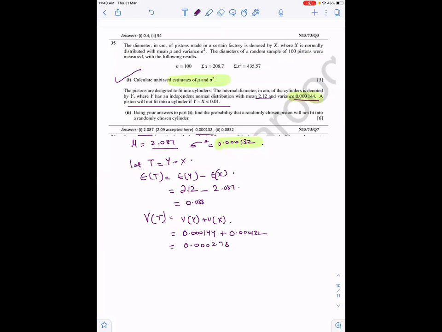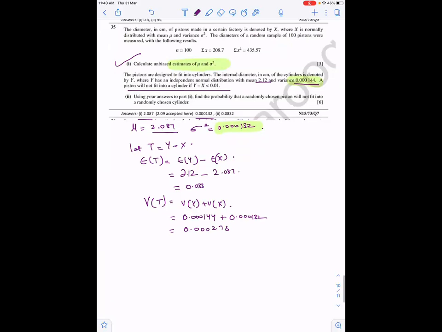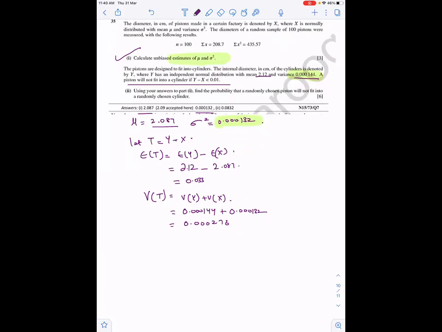Okay. Now they are saying that a piston will not fit into a cylinder when Y minus X is less than 0.01. You want to find out the probability T is less than 0.01. ठीक है ना?